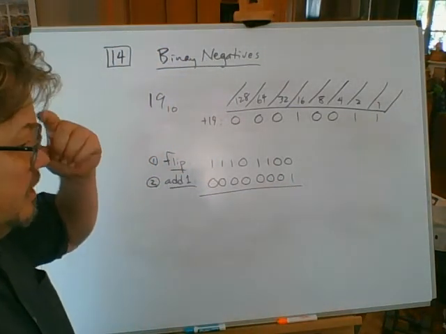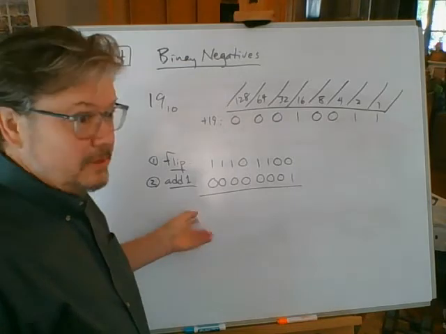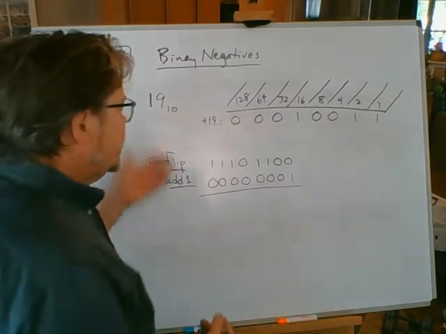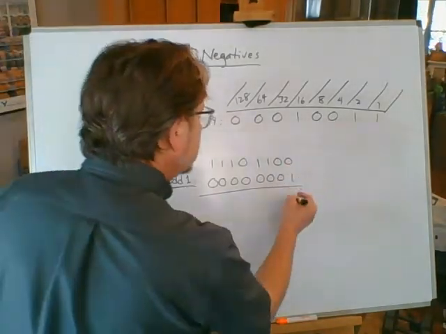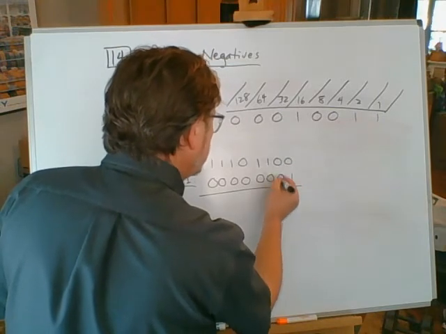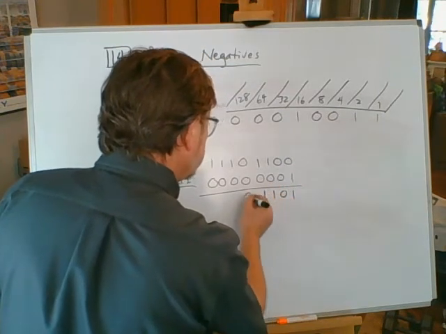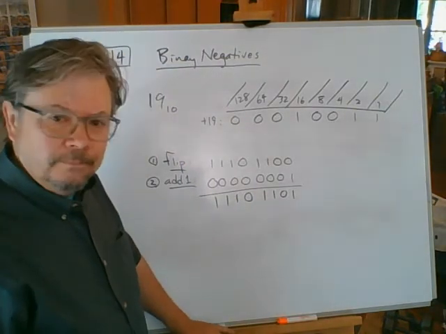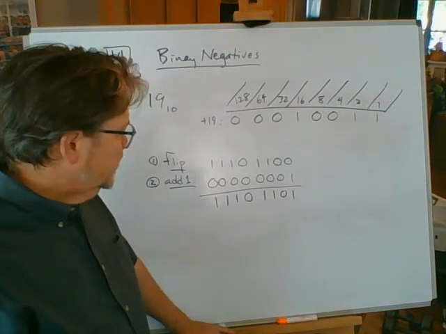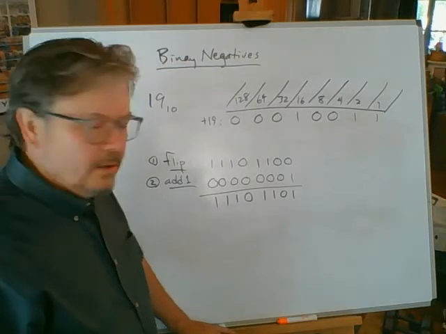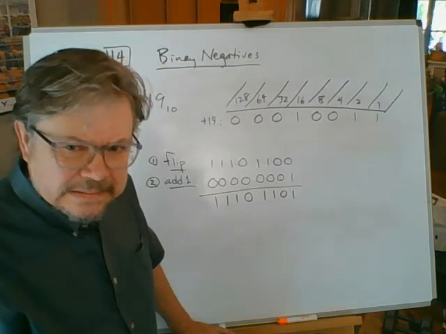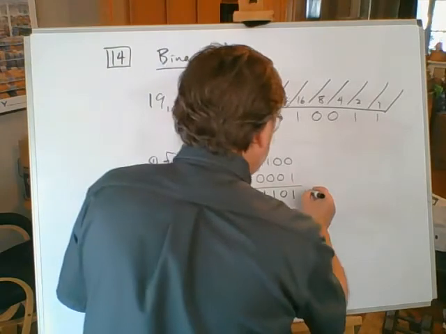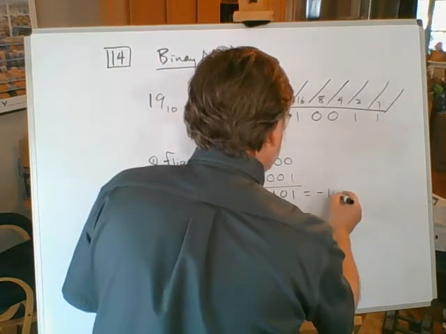This is purely by accident, but it's a happy accident. I don't have to carry anything. Every column is either a 1 or a 0. 1 plus 0 is 1, 0 plus 0 is 0. There's a 1, a 1, a 0, and 1, 1, 1. And I look at that and I think, yeah, that'll be it. That looks like negative 19. Look how confident I am. I'm even going to say that that equals negative 19.